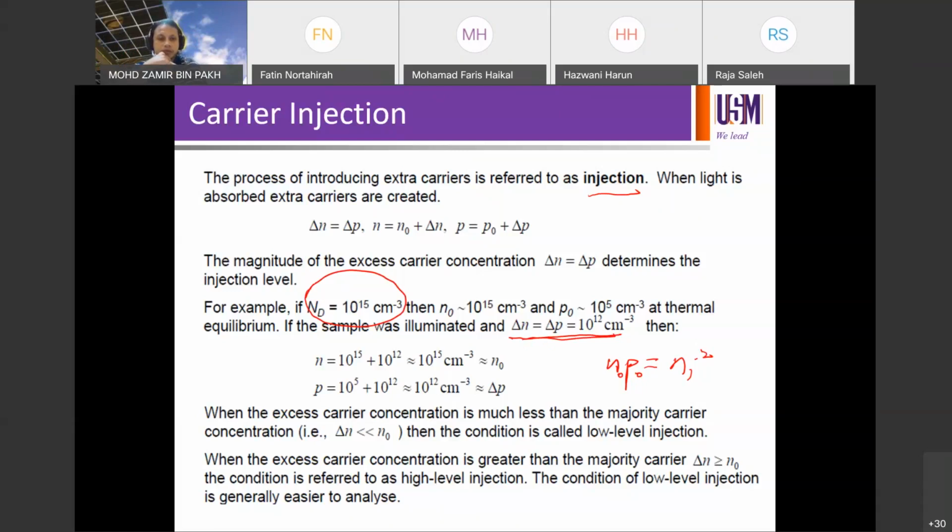For density of electrons, that is given by N naught plus delta N. N naught is 10 to the 15 given by ND, and delta N is 10 to the 12, and the new value of density of electrons will still be equal to the doping concentration, the dopant impurity level, which is equal to N naught.